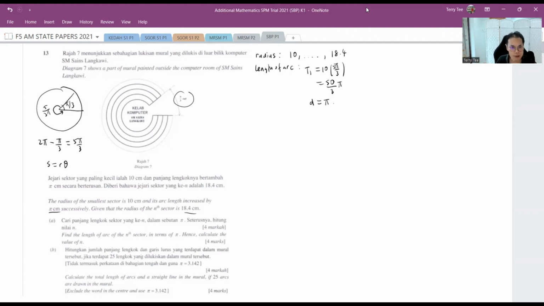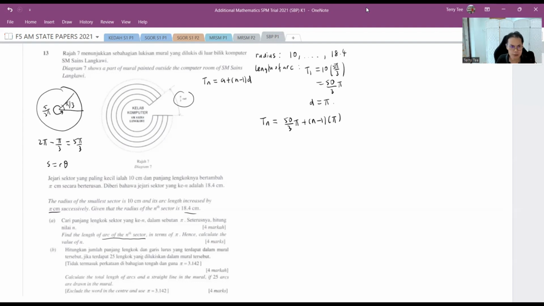So we're supposed to find the length of arc of the end sector. We know for arithmetic progression, the formula is given by Tn equals a plus n minus 1 d. So my Tn, a is 50 over 3 π, plus n minus 1, my common difference is π, right?